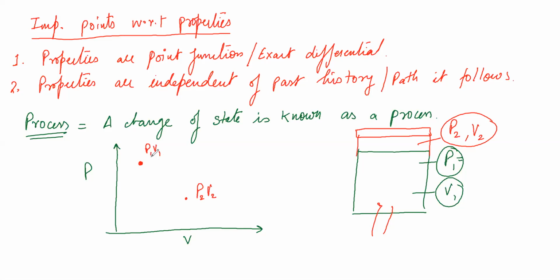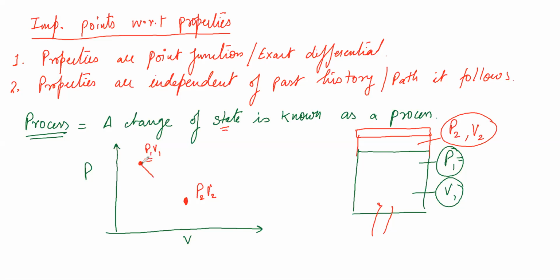Now, when I say a process, a process is a change of state. First you defined a state. So P1, V1 is one of the points defined as a state, and you can define this point only when the system is in an equilibrium condition, right? So when the system is in equilibrium, you define a state. Likewise, you have defined another state, and the change of state is defined as a process.